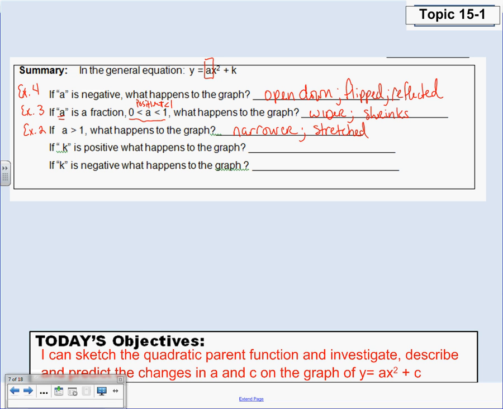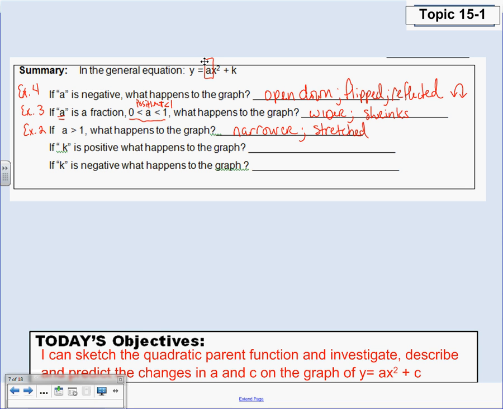So the first 3 deal with the number that is in front of the x squared, and it basically is going to change how the parabola looks. So a negative will give you opening down. If it's a fraction that is positive, it's going to make it wider, and if it's bigger than 1, it's going to make it narrower.